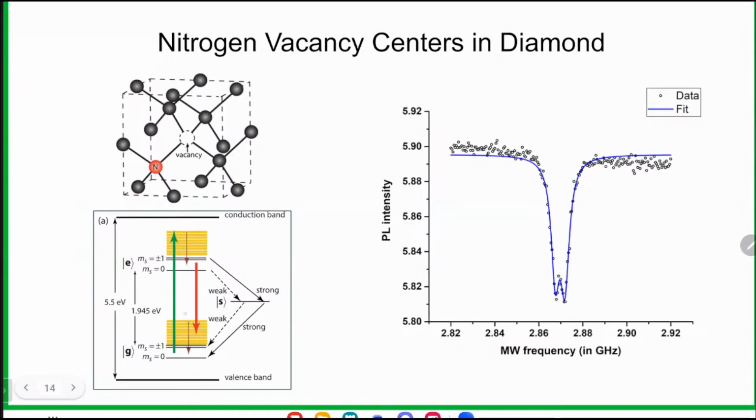In the case of a single NV center, whether a red photon is emitted or not basically reads out the quantum state. If a red photon is emitted, it is in ms equal to 0. If it is not emitted, then it is ms plus 1 or minus 1.